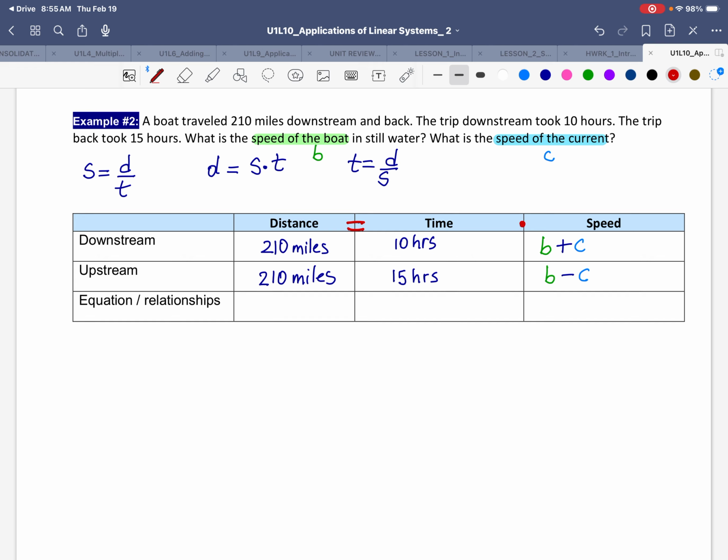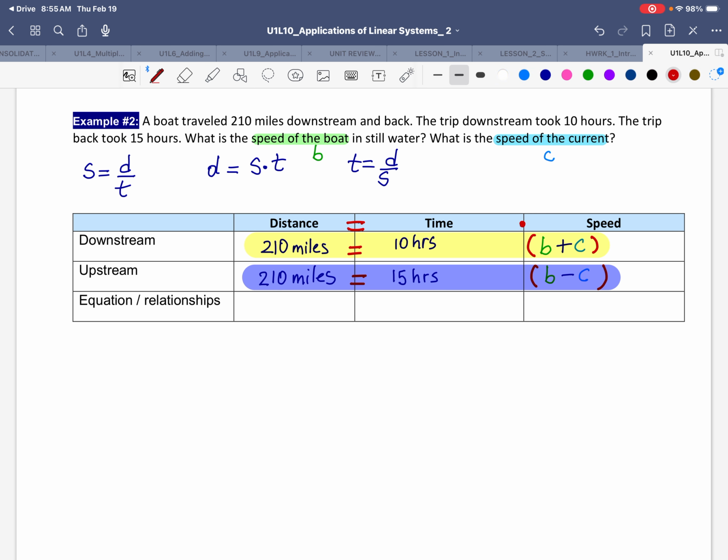And as you can see here, you have 210 miles equals 10 times (B plus C), and 210 miles when we went upstream is 15 times (B minus C). So these are the two equations that we are going to need. This is the first, and this would be the second equation.